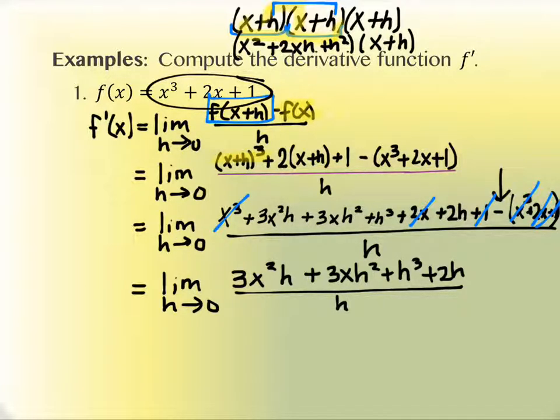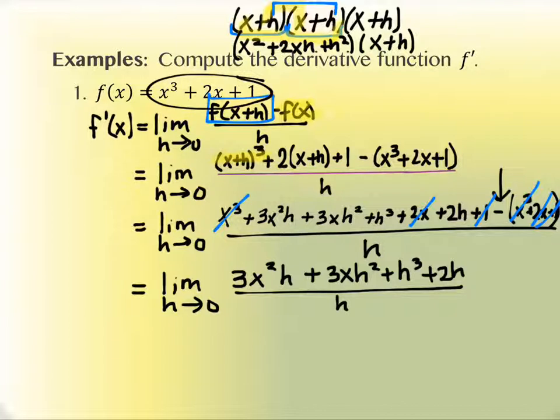Okay, now say it out loud. What do you notice in the numerator? They all have H's in them. Do you see that? That has to happen. If that didn't happen, you made an error. There's something that happened incorrectly somewhere along the way. So make sure at this point you've got an H in everything. Why does it matter? Well, because I need that H in the denominator to go away, right?